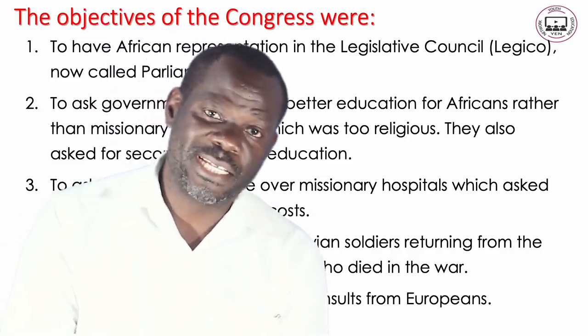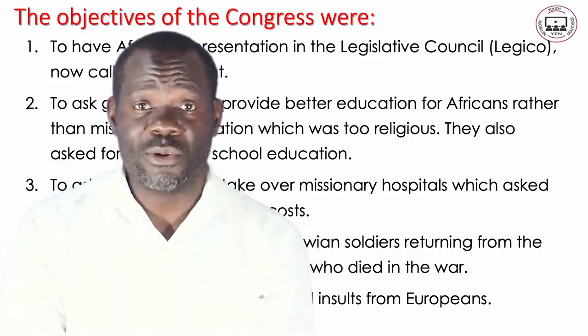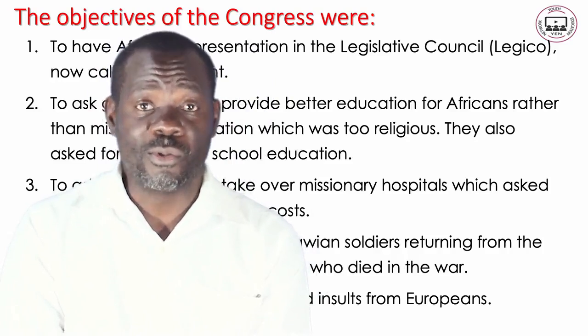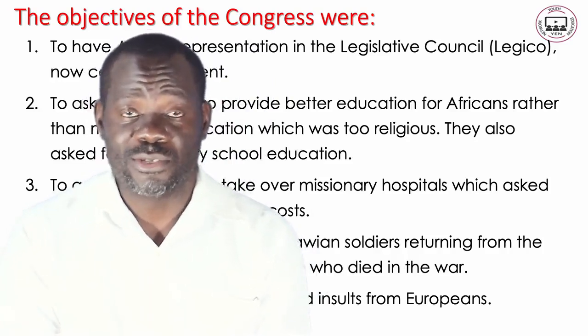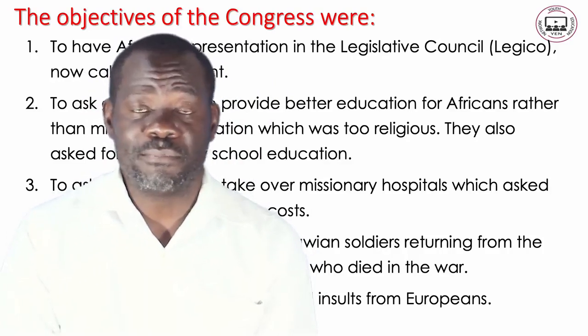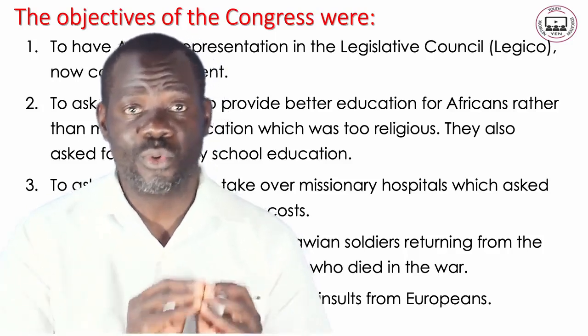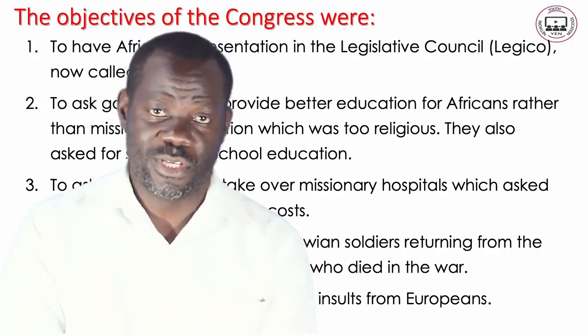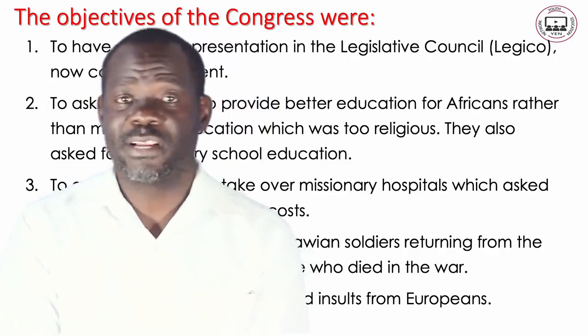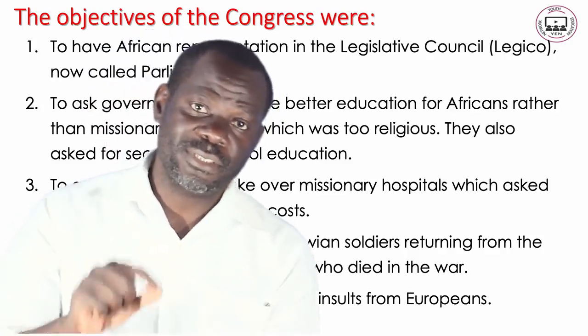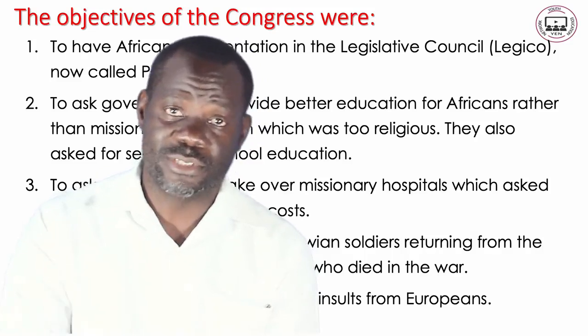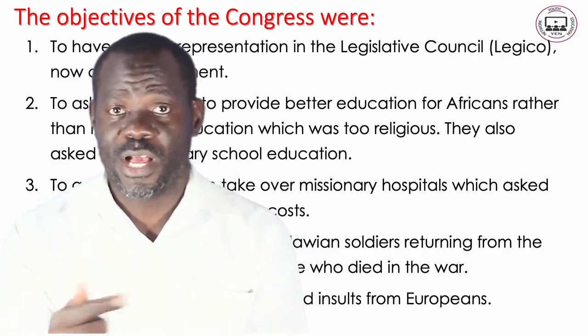Between 1939 and 1945, there was the World War. The whole world went into war. So even here in Malawi, some soldiers were taken to go to fight in the World War. So this Nyasaland African Congress wanted the government to assist those soldiers who went to the war and now they were back.